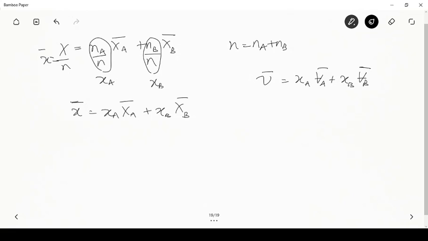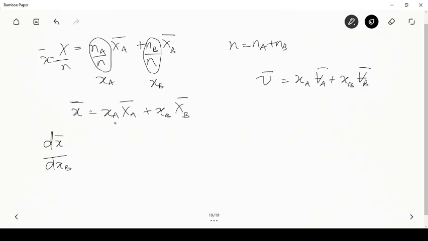Okay, so then if I write the derivative, we can actually draw parallels for that. Let me do it with the more generic variable. So if I write dX bar by dXb, I differentiate this with respect to Xb.